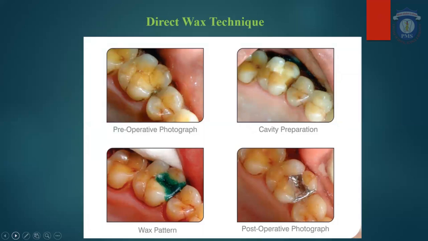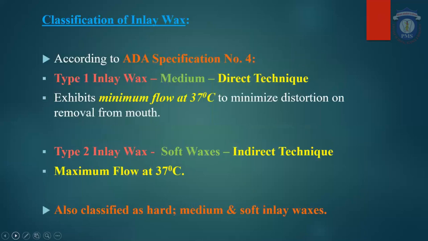Therefore it should be able to withstand that higher temperature, and the flow should also be less compared to waxes used in indirect technique. That is why type 1 inlay wax is medium. Direct technique exhibits a minimum flow at 37 degrees Celsius to minimize distortion on removal from the mouth.